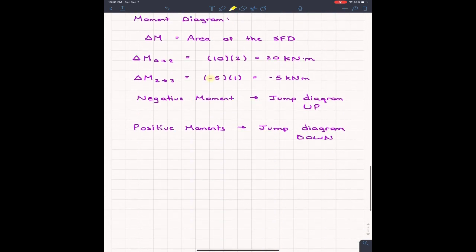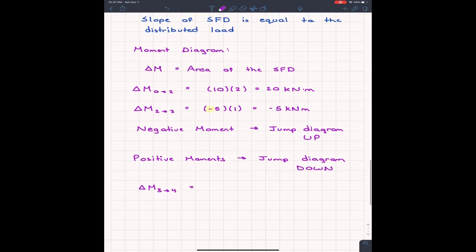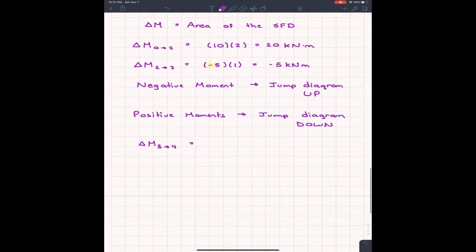So our delta M between 3 and 4 is just going to be the area under this curve again. So if we look, it's still -5, and the base is 1 meter. So we're going to have -5 times 1 meter, so this is -5 kilonewton meters.